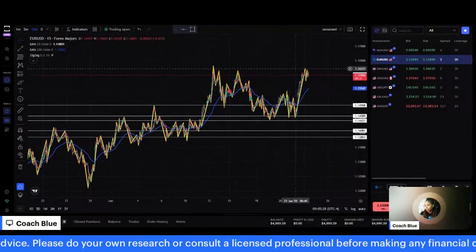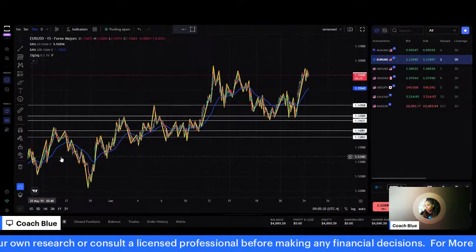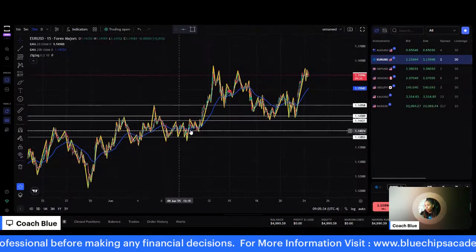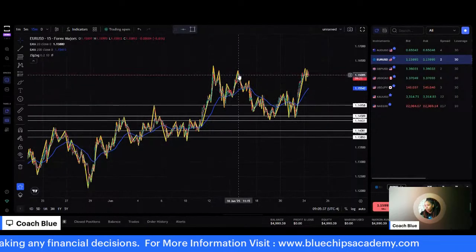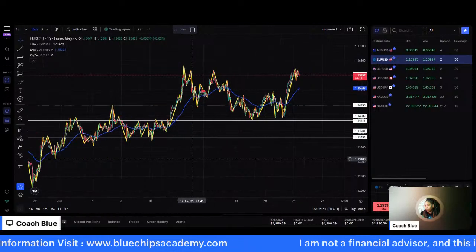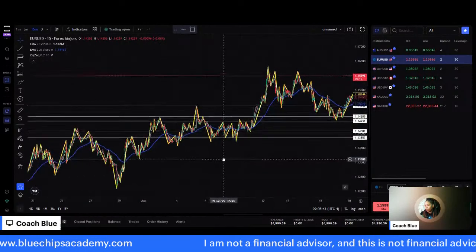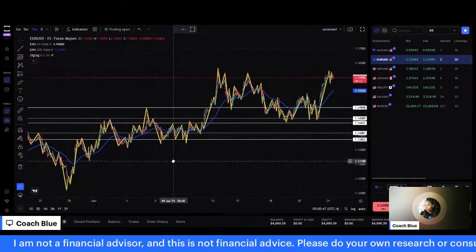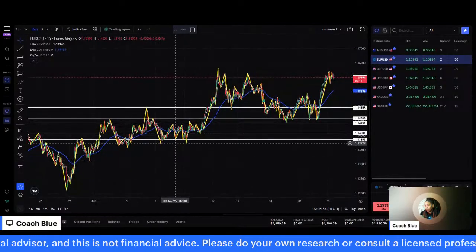Because imagine this. You entered off this swing right here, and you held it all the way up to here. That's a great risk to reward ratio. So that is an indication of an uptrend.